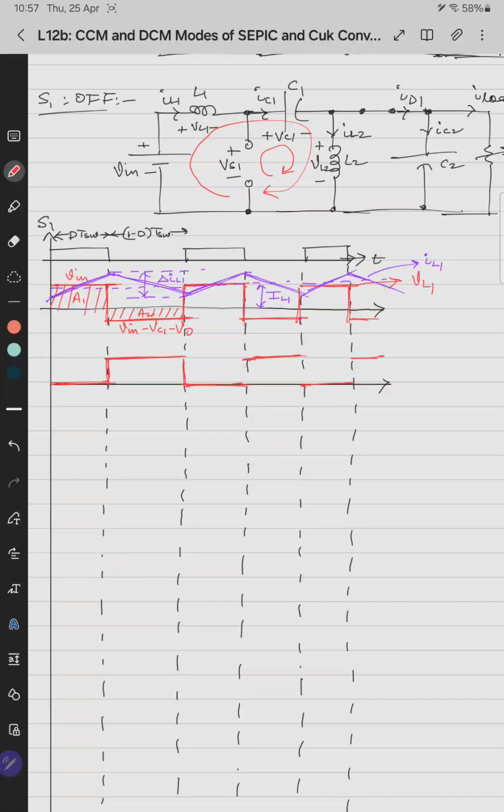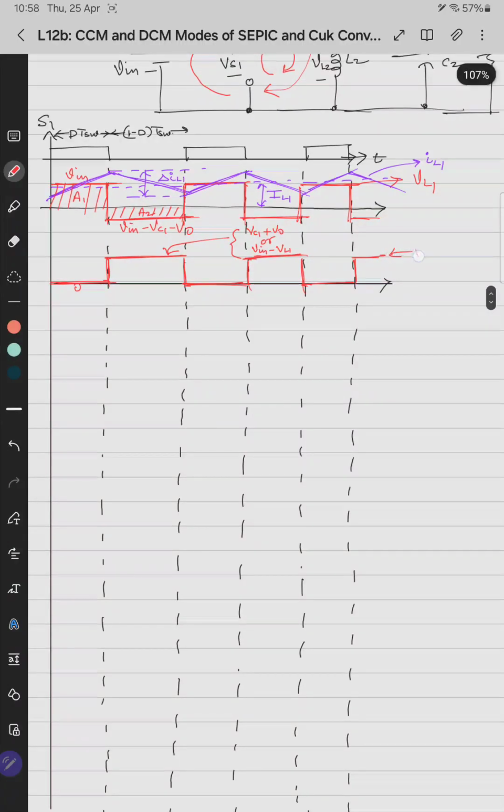Zero, or this value. What is this value? Either it is VC1 plus V0 or Vin minus VL1. Both of them.